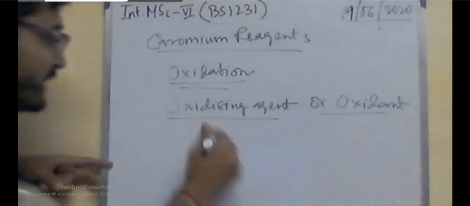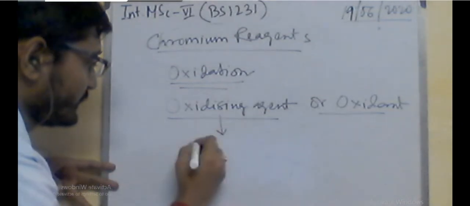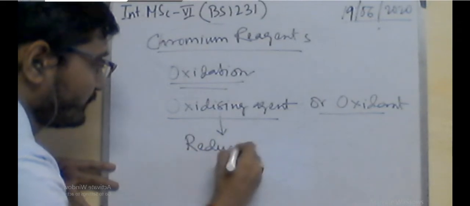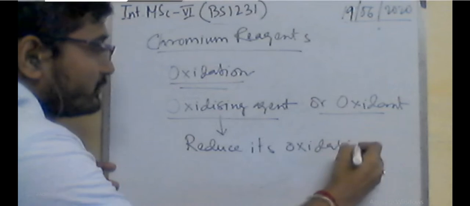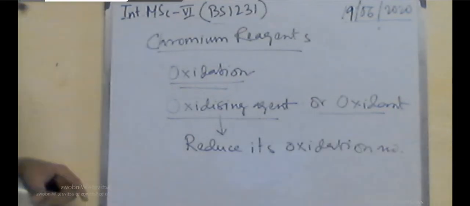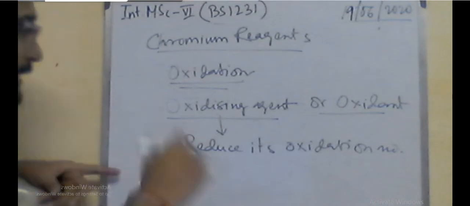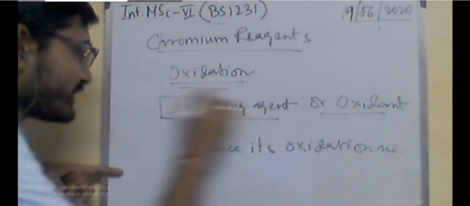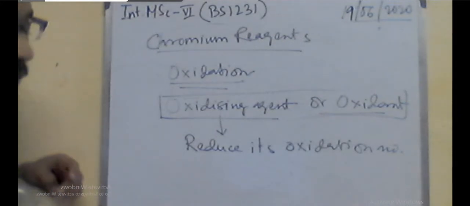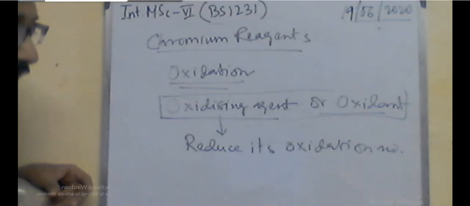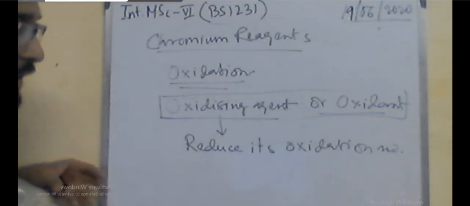This is common for all oxidation or redox reactions. In a redox reaction, the oxidizing agent or the oxidant itself gets reduced, and simultaneously the other substrate or element gets oxidized. That means they can enhance their oxidation number. Similarly for reduction, the scenario is just reverse: the reducing agent increases its oxidation number and the other element gets reduced.